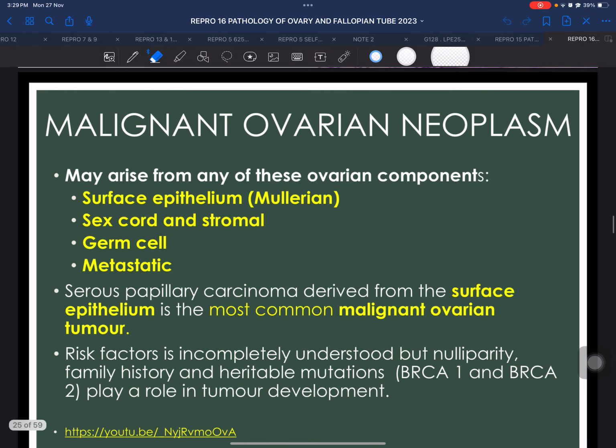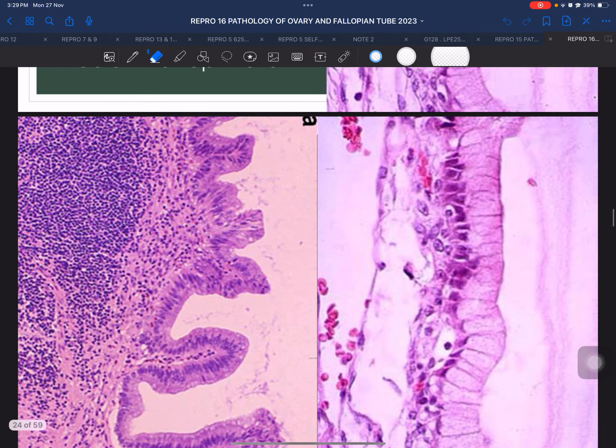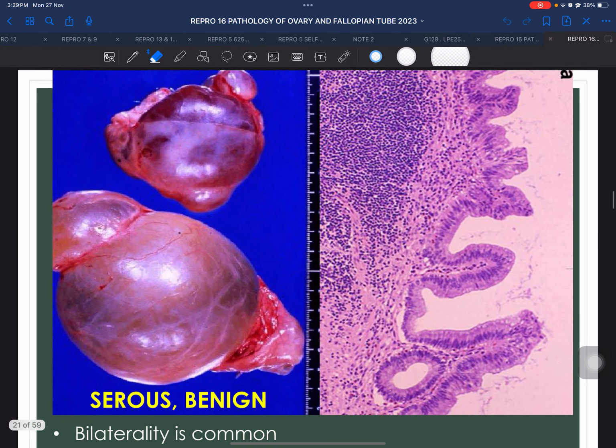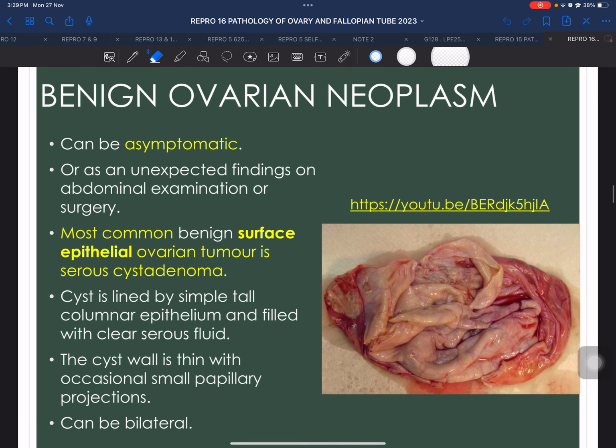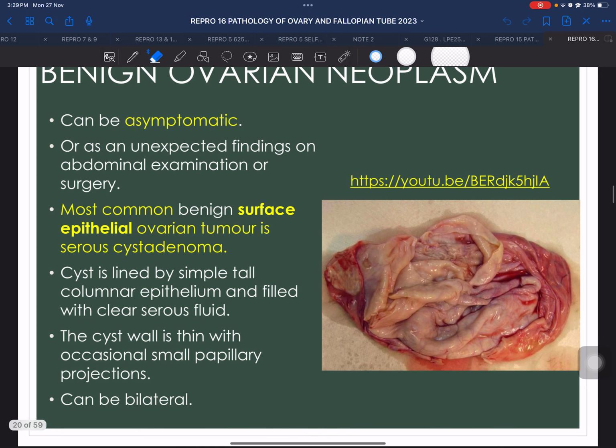And those with the borderline category are referred to as tumors with low malignant potential. Okay, they are much more than benign, but they have a little potential to become malignant. Okay, so they are best considered as low-grade cancers with limited invasive potential. So they have a better prognosis compared with overt malignant ovarian tumors.